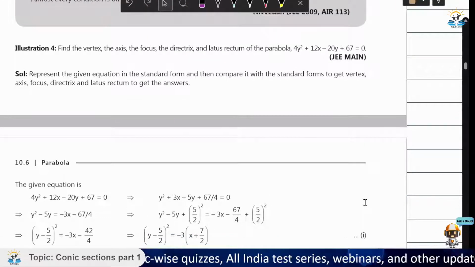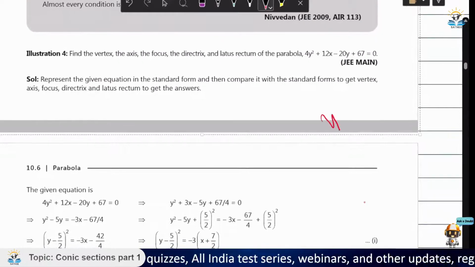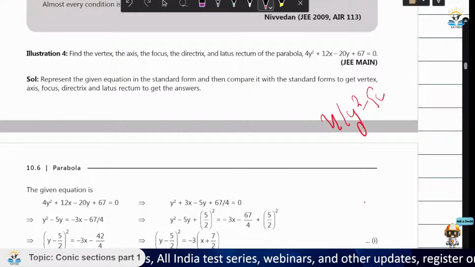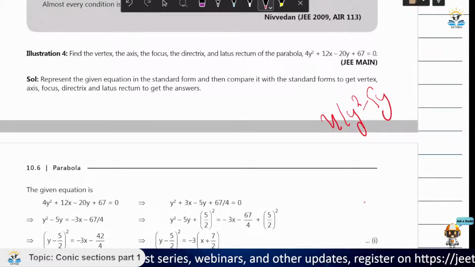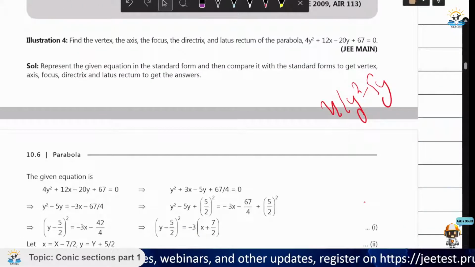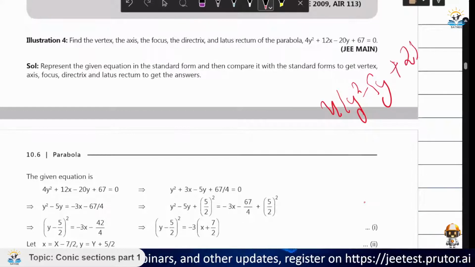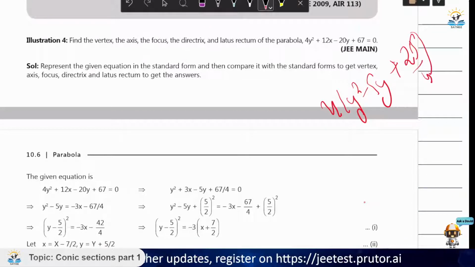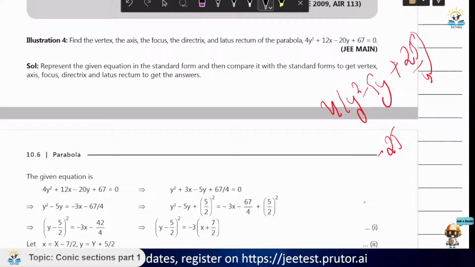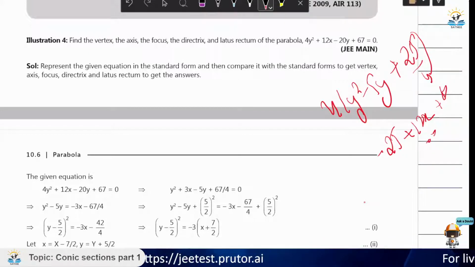Okay. So what we do here is we try to make a whole square. Let's take 4 common: y square minus 5y. We get a 5 common. Oh God, this would make our life a bit troublesome, but let's see. Then we have to add 25 by 4 minus 25 plus 12x plus 67 is equal to 0. So you get what I did here.